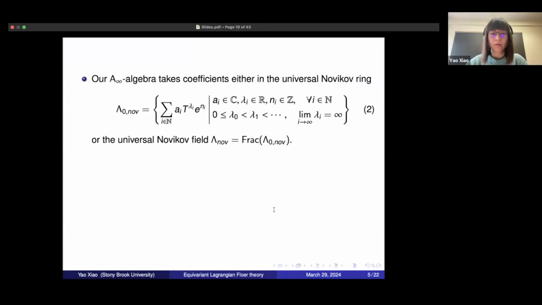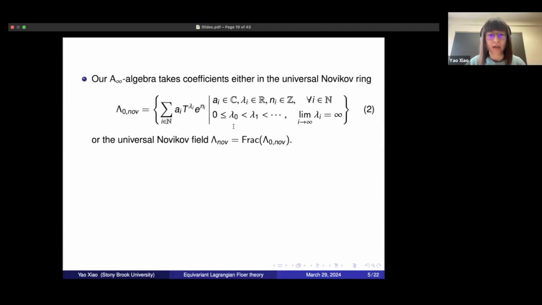So we'll take coefficients in the universal Novikov ring to define our Lagrangian Floer cohomology. I think most people know the definition of this ring. It consists of series of this form where the a_i are complex numbers and T is a formal variable which keeps track of the energy, and e is a variable which keeps track of the Maslov index.